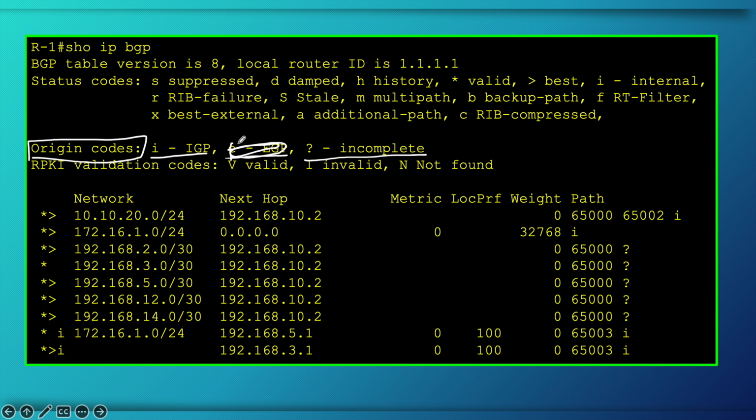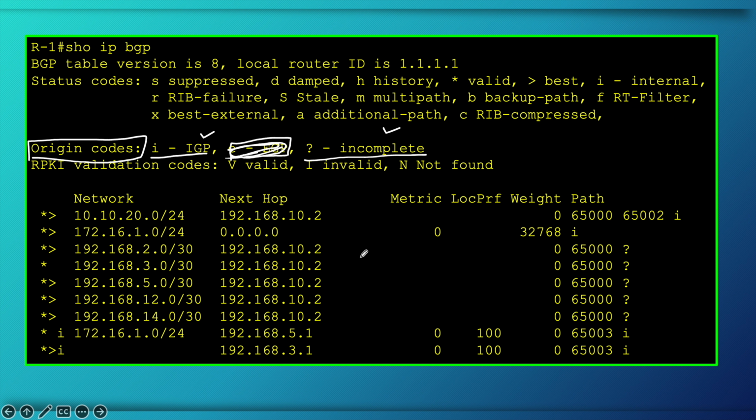It is not there, and in newer routers you might not have seen this, right? It's legacy. So consider only IGP and incomplete. So what is IGP? Any route learned or generated within the AS will be considered as IGP.